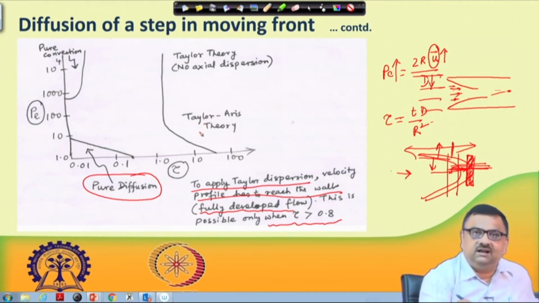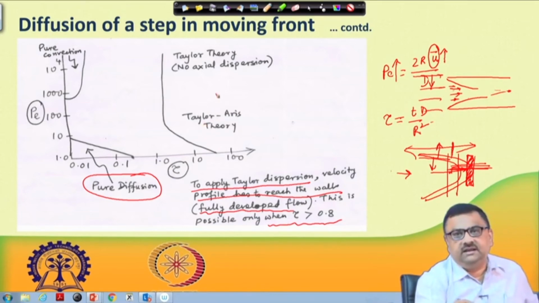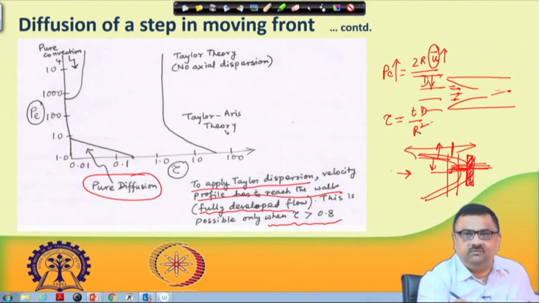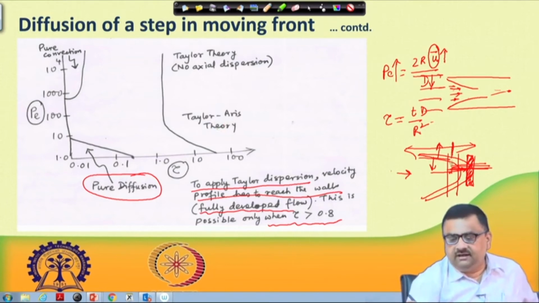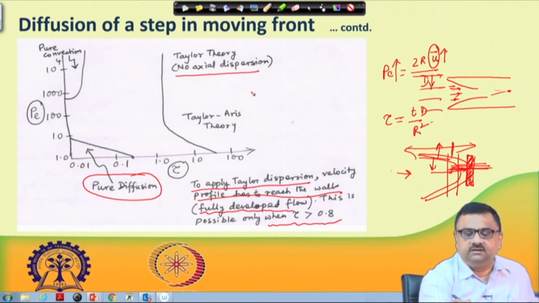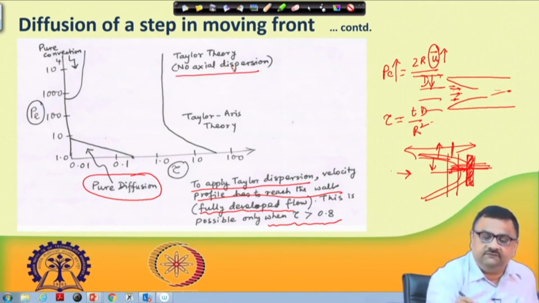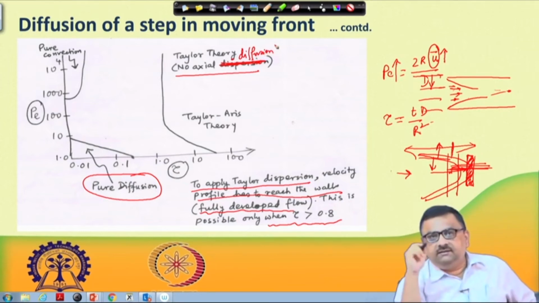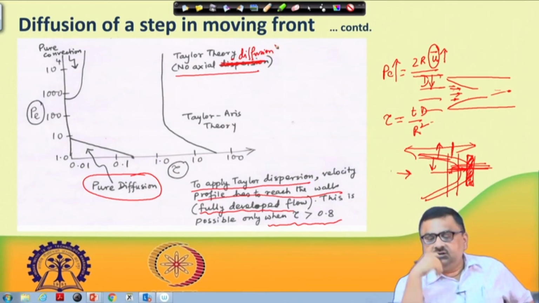So, if D is large, then they said that ignoring axial diffusion will not be a good idea. We had radial diffusion, but Taylor theory said no axial diffusion. So, Taylor theory says there is no axial diffusion.